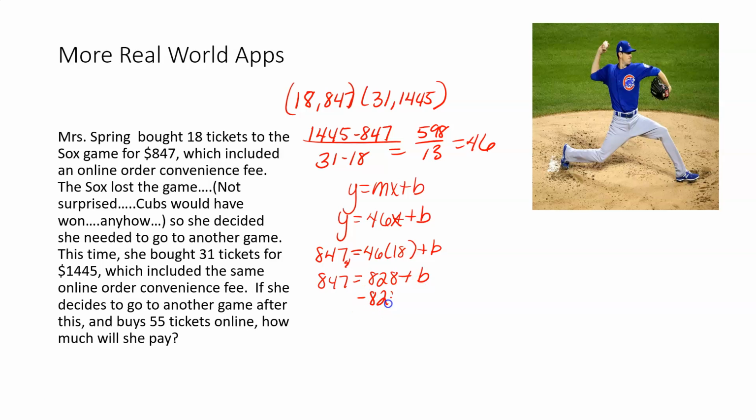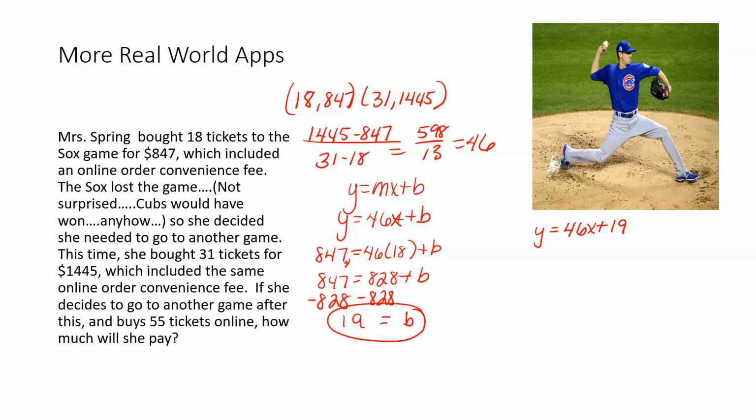And when I subtract 828 from each side, I get 19. That 19 represents the convenience fee you're going to have to pay on top of every ticket. So my equation is going to be y equals $46 times x, that's the number of tickets, plus that convenience fee, which is my y-intercept.